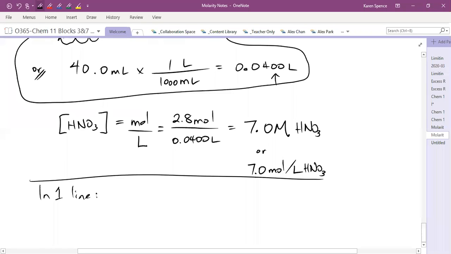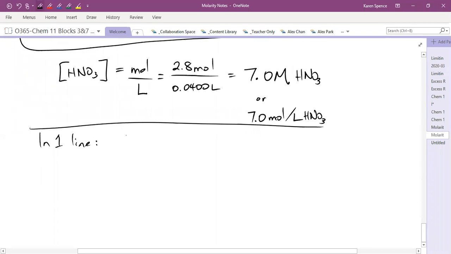you could say the concentration of HNO3 is equal to the moles over the liters, and we were given the moles, so we can plug that in right away, 2.8 moles, and we weren't given liters, we were given 40.0 milliliters.